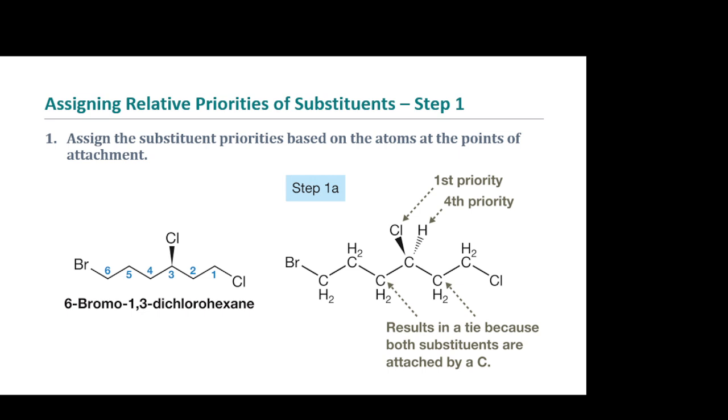Okay, so the first thing we're going to do to try to assign this RS configuration is we are going to go and ask what has the higher priority around this stereo center. Where's the stereo center, by the way? Locator what? 3, exactly.